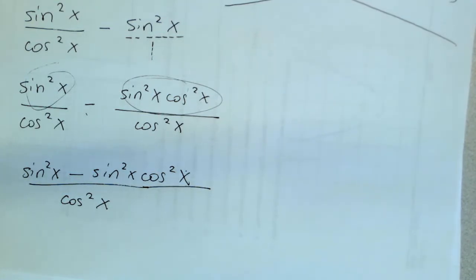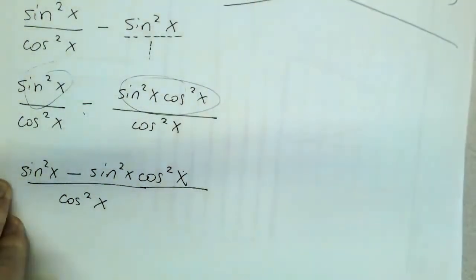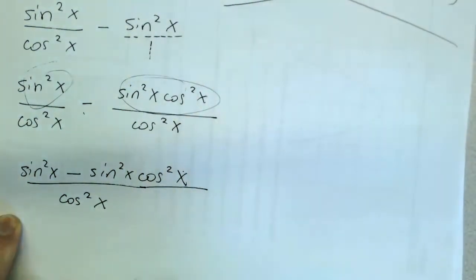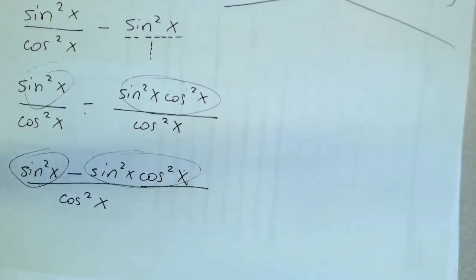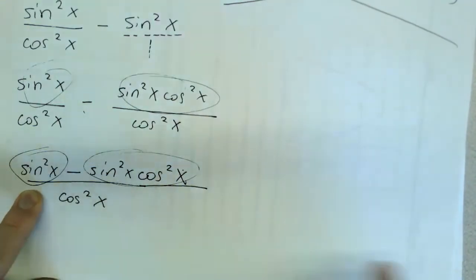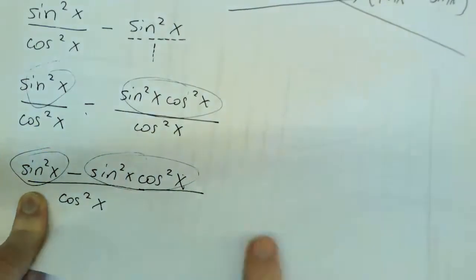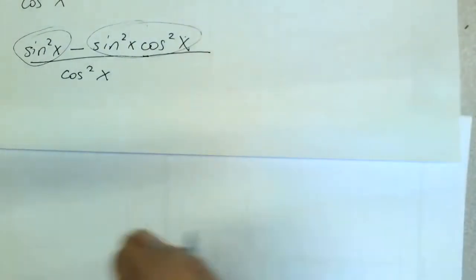Celia? You can factor out the sine squared. That's right. Look at the numerator. You see the 2 terms? Here's a term, here's a term. Those 2 terms each have a sine squared inside of them, right? They have a common factor of sine squared. And you can factor that bad boy out of the 2 terms.